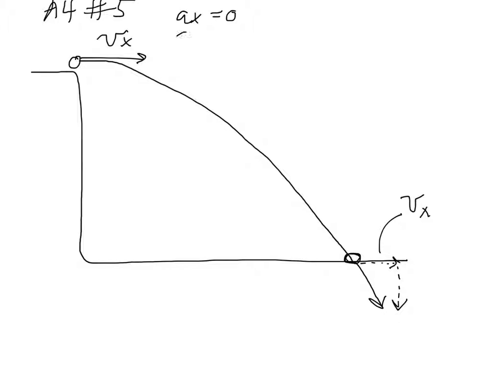This means that Vy initial equals 0, and in order to find the time, we did this in lab, we used that delta y equals Vy initial t plus 1/2 ay t squared. I ran off the paper.